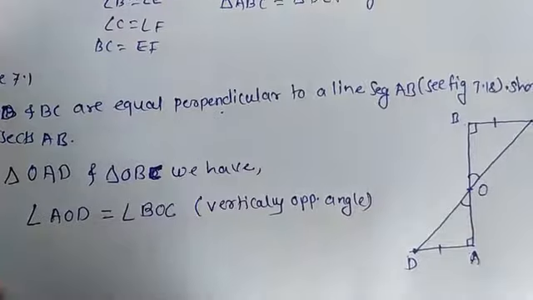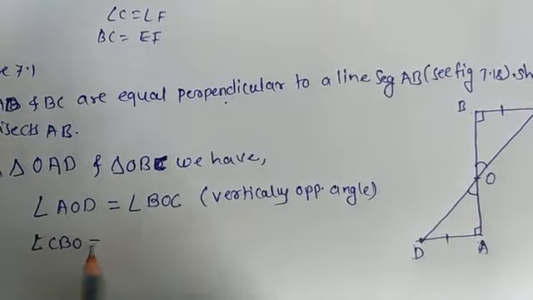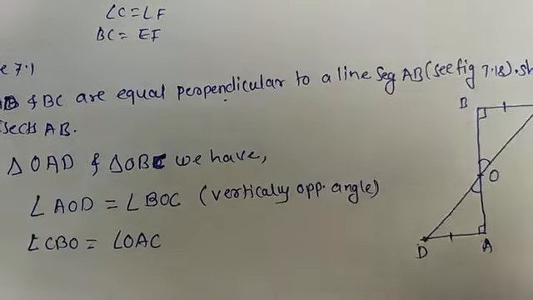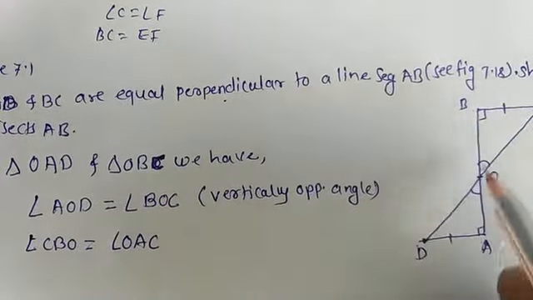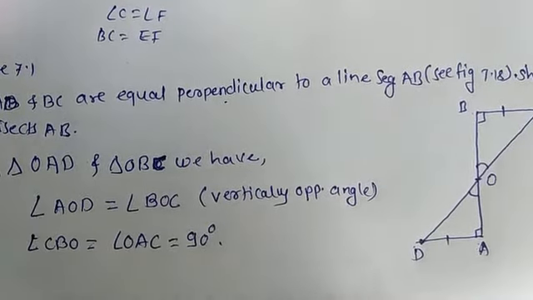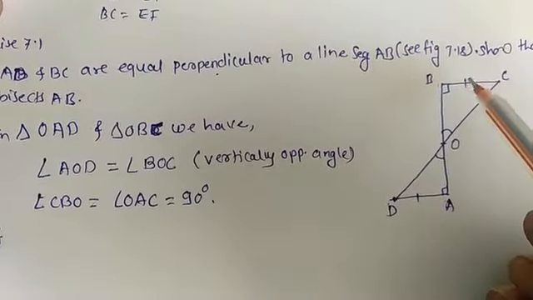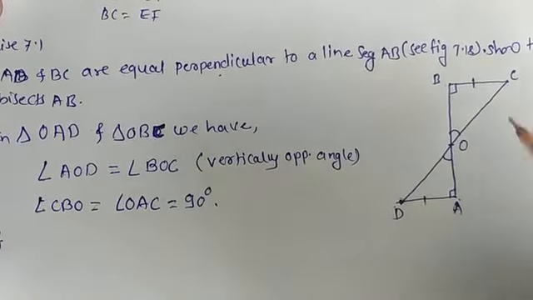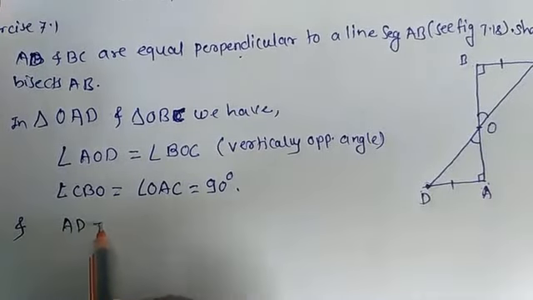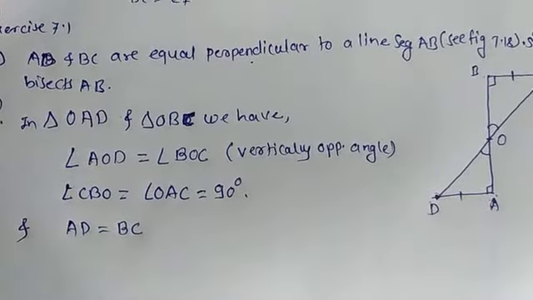And angle CBO is equal to angle DAO, both are 90 degrees. And it is given that AD is equal to BC.